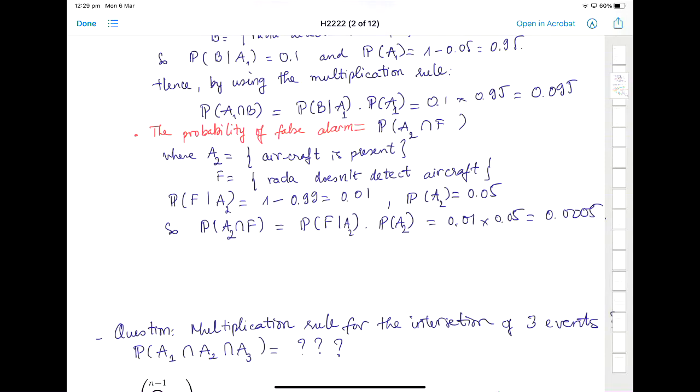So I want to compute the probability of A1 intersect A2 intersect A3.